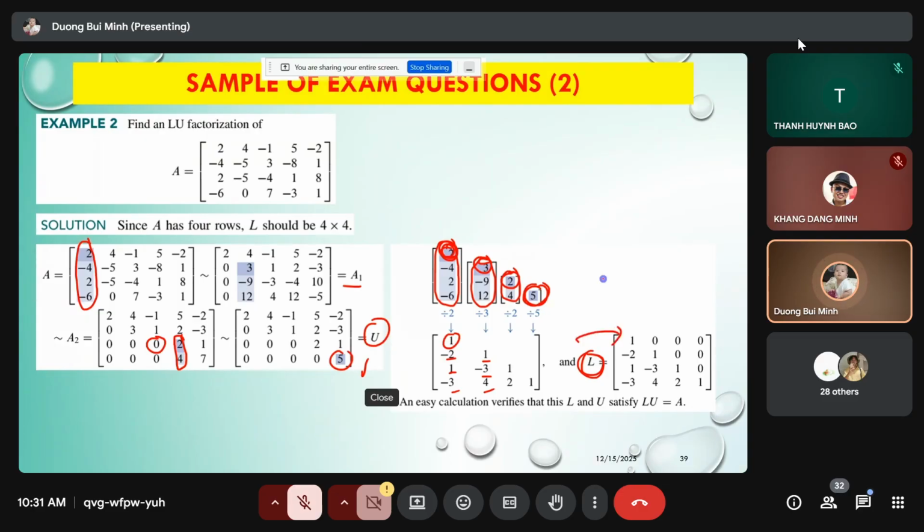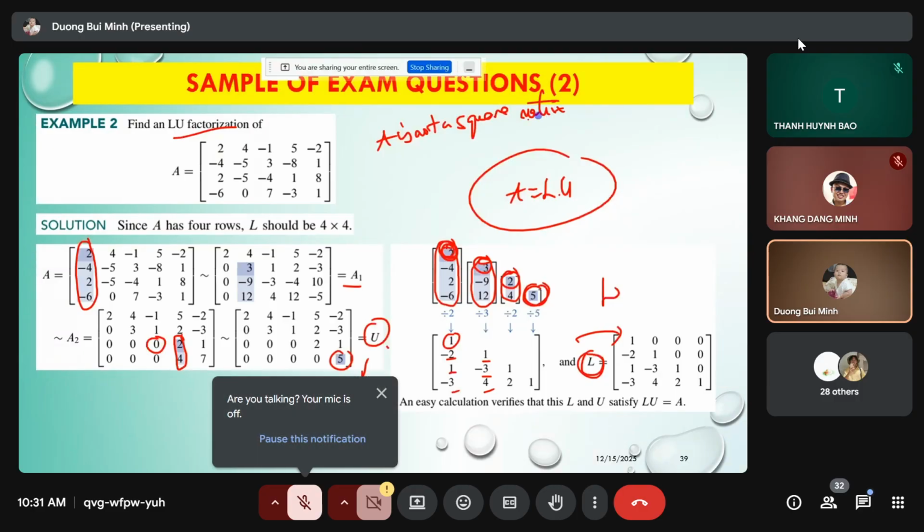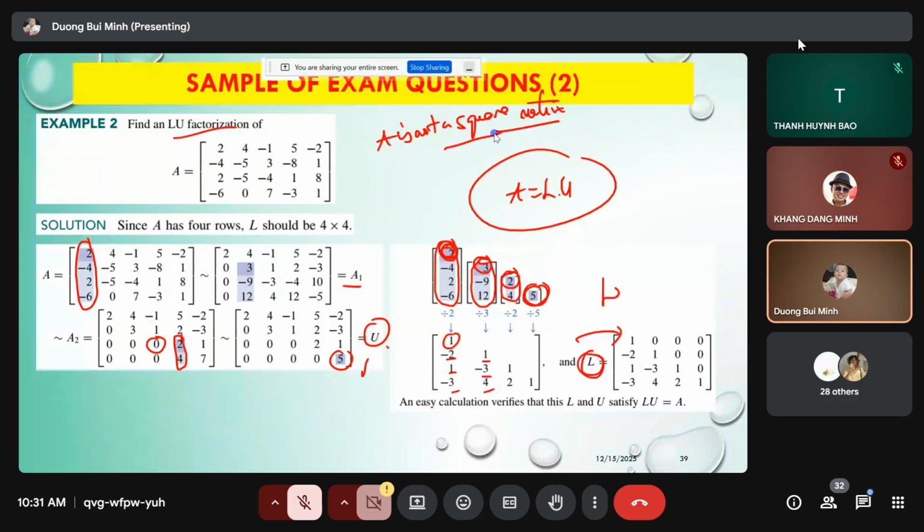Then you just copy here, and you can get L. When we know L and this one is U, A is L times U. So this is the method of LU factorization if A is not a square matrix. Any questions so far?